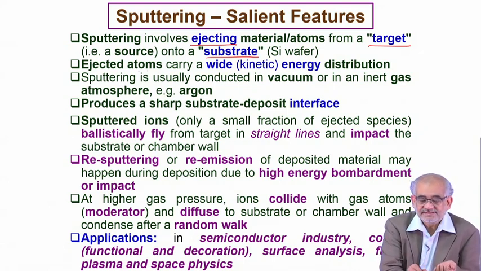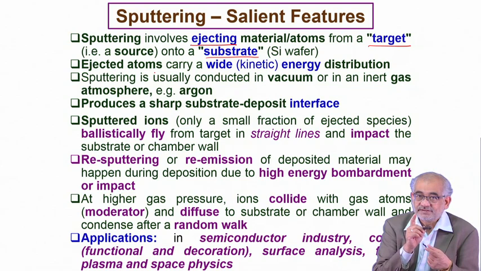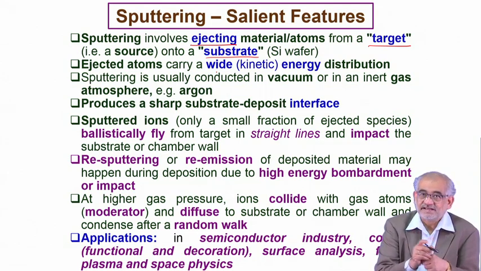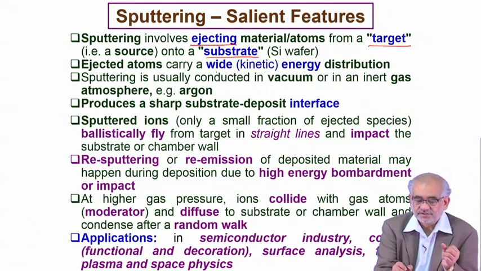So the ejected atoms, depending upon whether the projectile is hitting head on, 90 degree directly normal, or through a grazing angle, the kinetic energy of the ejected atom will greatly depend upon the energy with which the projectile had hit the surface and made it come out. So also it will depend upon the distance which it has to cover from the center to the periphery.